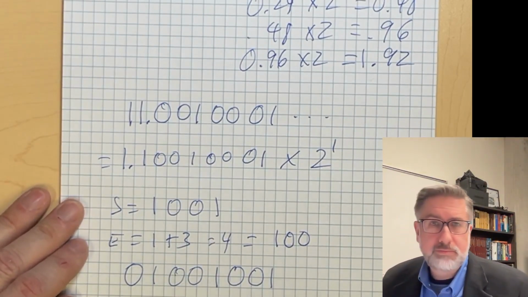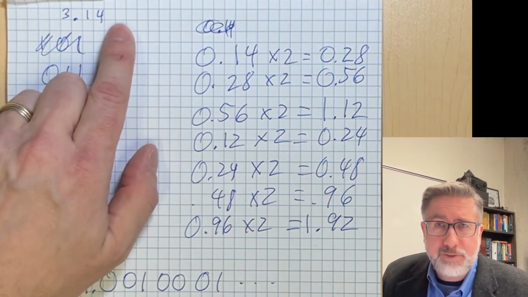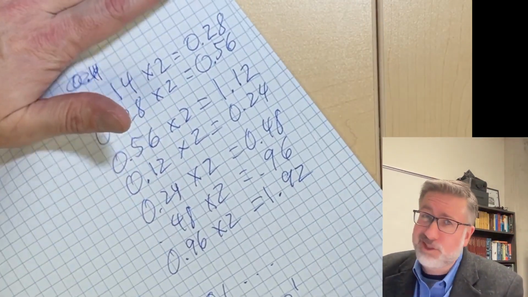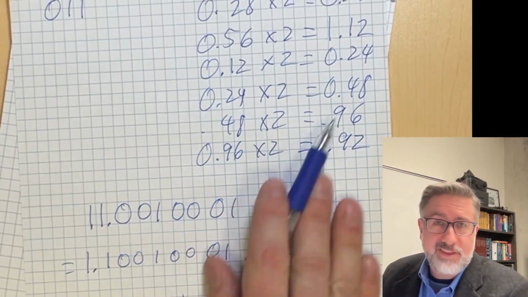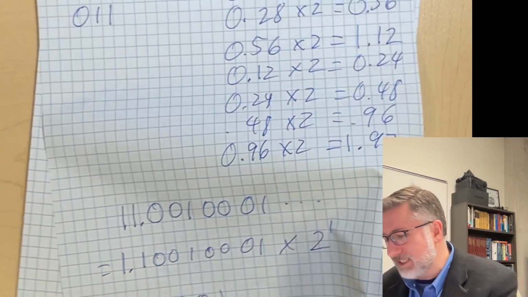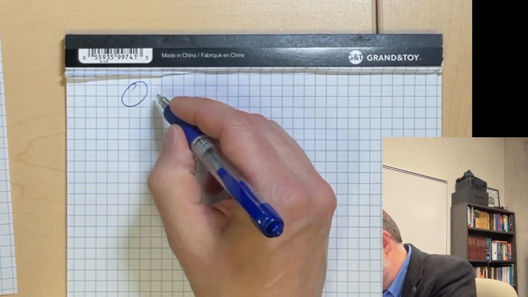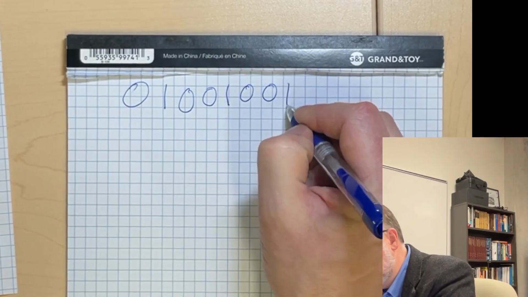Now, what number actually is that? Because we said we want to represent 3.14. But what number actually is that? I know it's not 3.14 because there are several bits of significand that we're not representing. So what actually is that? Let's go backwards. Let's start with 0, 1, 0, 0, 1, 0, 0, 1.